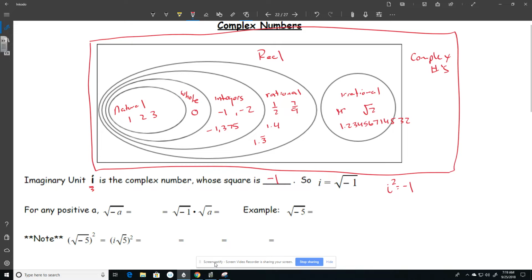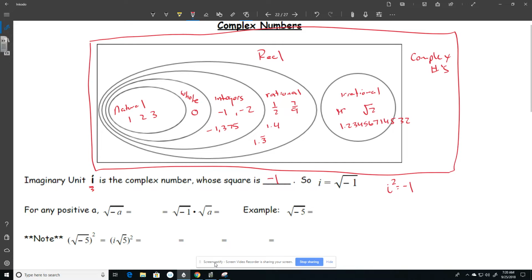I squared is equal to -1. That means that I is the square root of -1. And that's not a real number. It doesn't exist because anything times itself is a positive. But we invented this number I so that when you multiply it by itself, you get a negative.